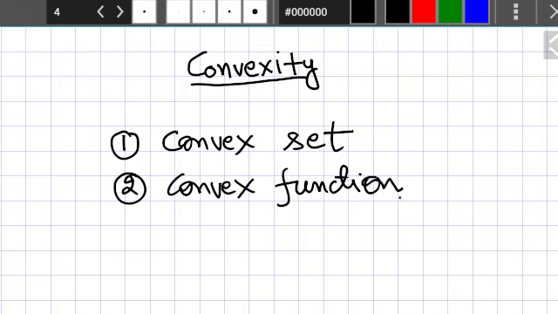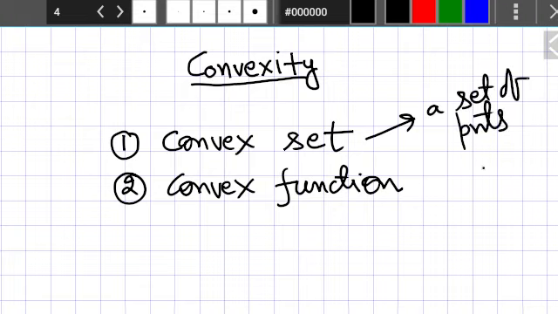A convex function can be your objective function that you want to optimize, and a convex set is a set of points that are in the convex region. We will define the convex set first.